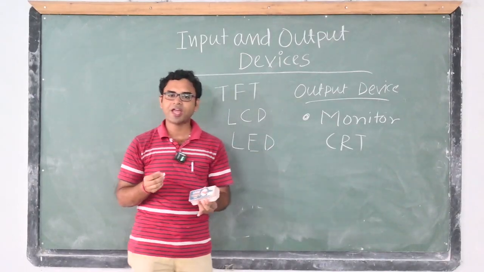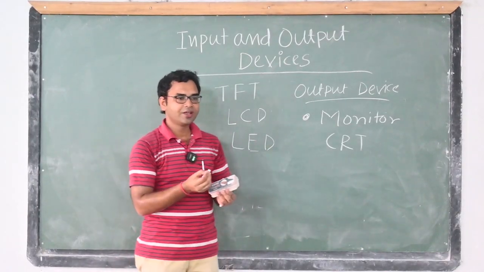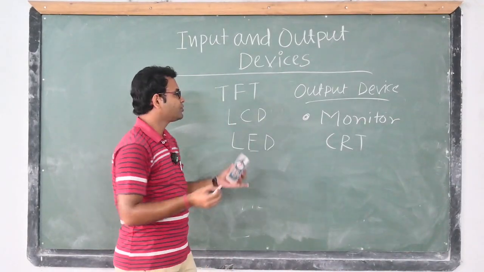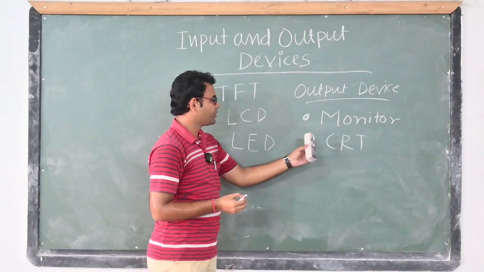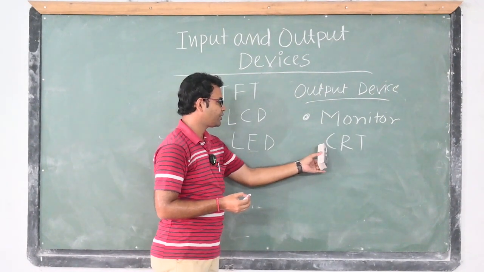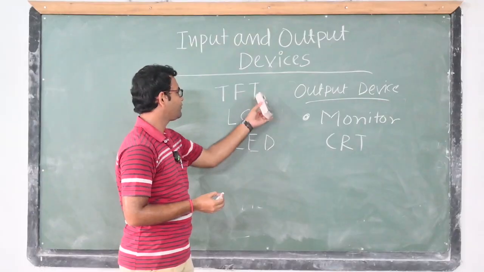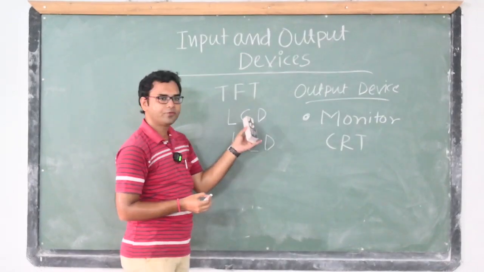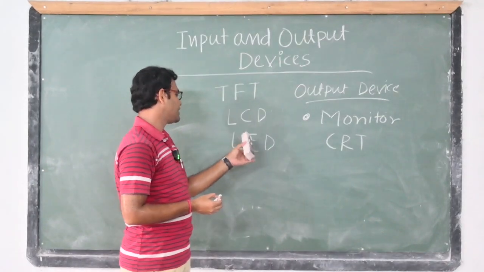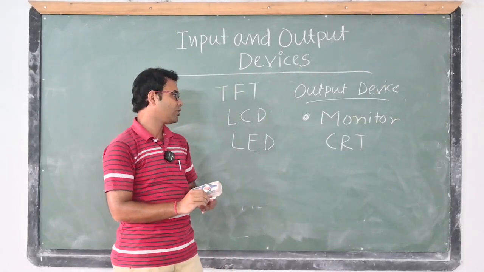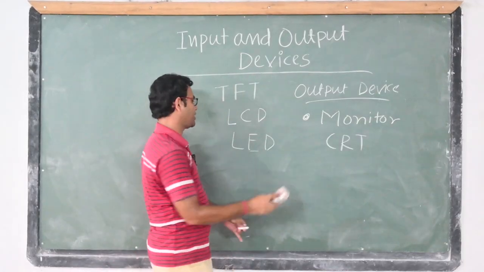In mobiles you can get AMOLED and POLED. So all are various kinds of display formats of the monitor or display unit.